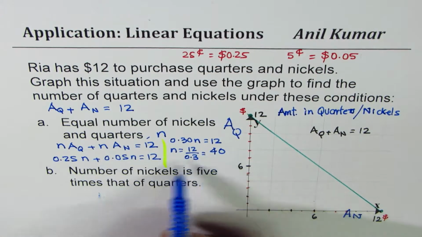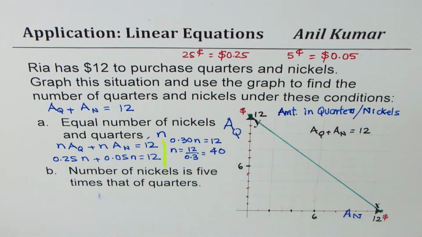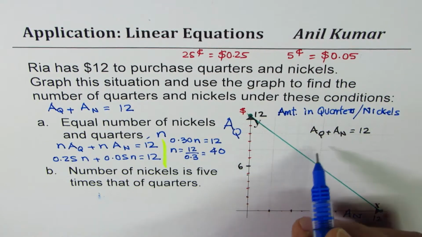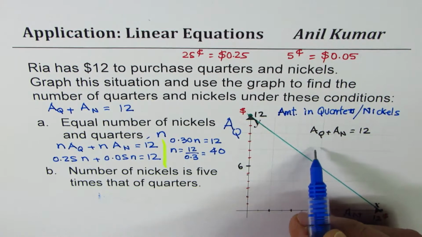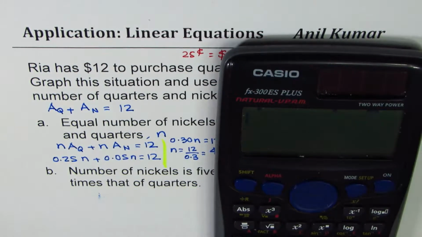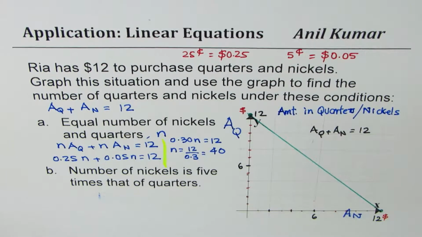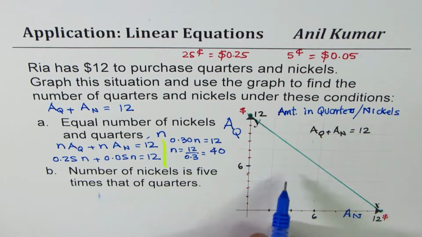So n is 40. We'll use a calculator. So we have 40 times 0.25 plus 40 times 0.05 equals $12. Do you see the dollars is the same? $12. Perfect. So still it works.